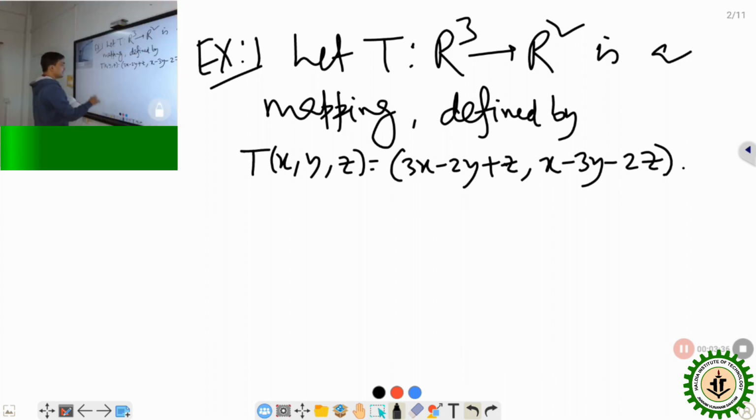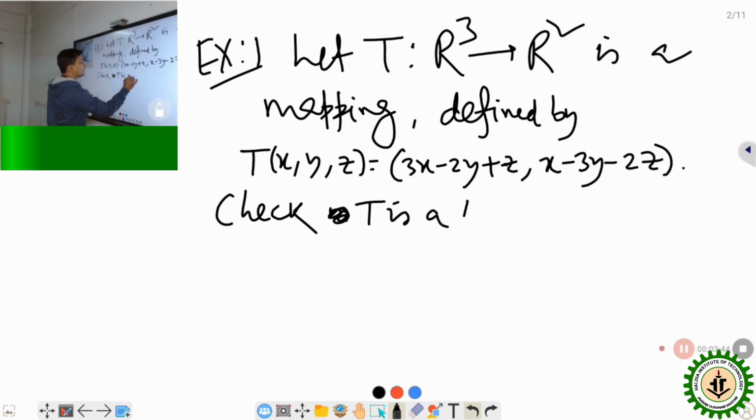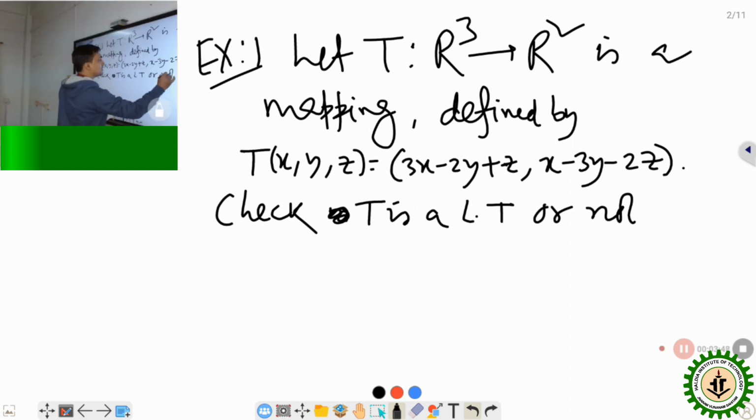The question is to check whether T is a linear transformation or not. Now we'll try to verify this.